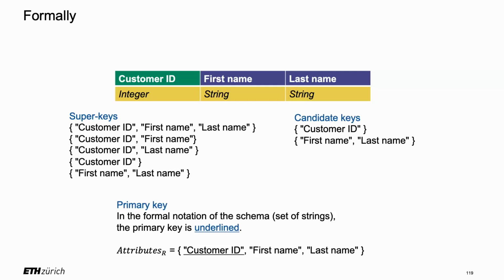Okay. So next week, I'll continue to build on that, and I'll show you the Boyce-Codd normal form, and maybe if we have time, some of the other normal forms, which will then give you the characterization of a good way to design your tables and your schemas in real life.